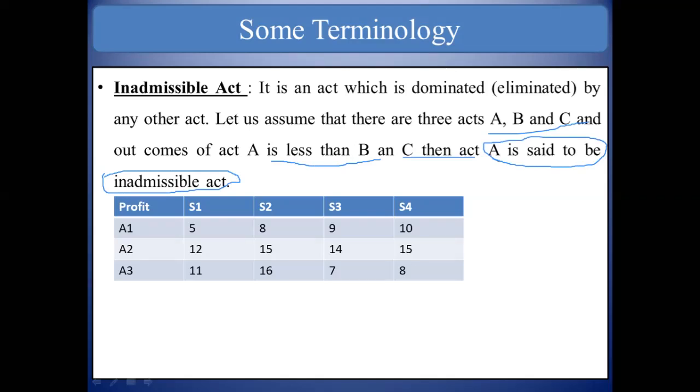Now, look at this table. In this table, you can see that I have three acts, A1, A2, A3, and four states of nature, S1, S2, S3, and S4.